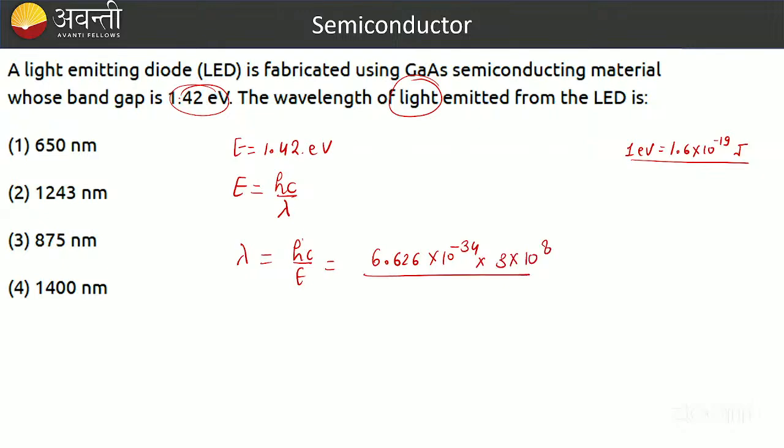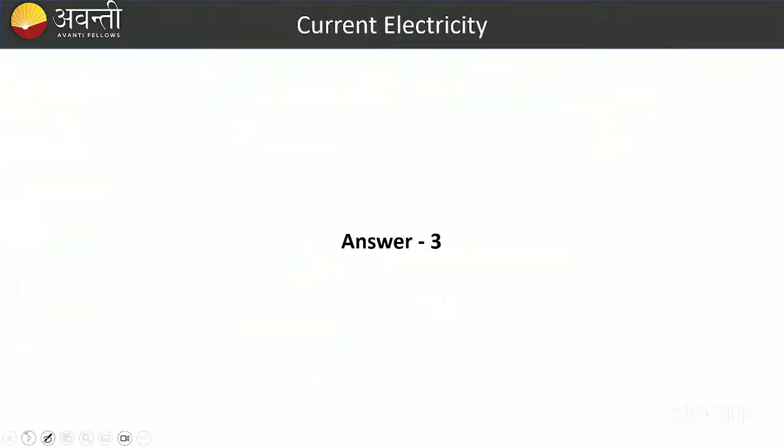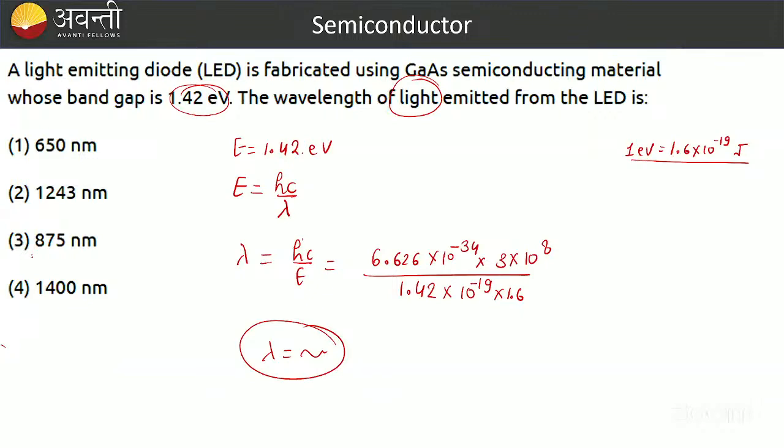And E has been provided as 1.42 eV. So we can convert it into joule: 1.42 multiplied by 1.6 × 10^-19. Okay. So by this formula, you can get the value of lambda, the wavelength of the light emitted by the LED, light emitting diode. So that must come out as 875 nanometer.